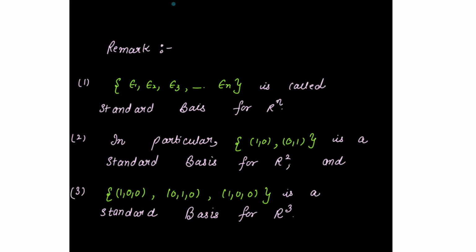Now there is a remark for you. Epsilon 1, epsilon 2, epsilon 3, up to epsilon n, this generating set is called the standard basis for Rn.